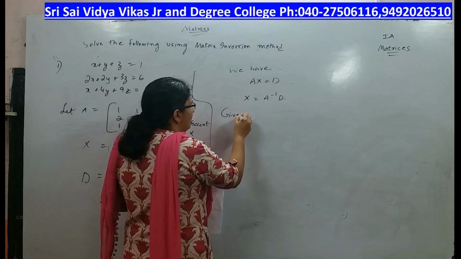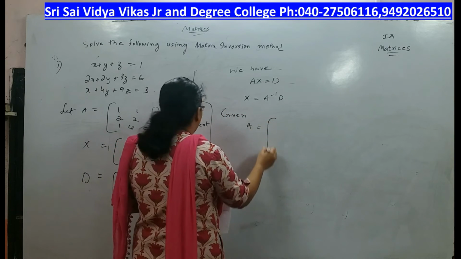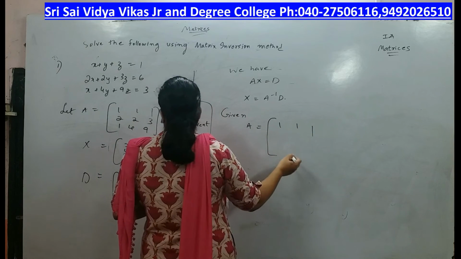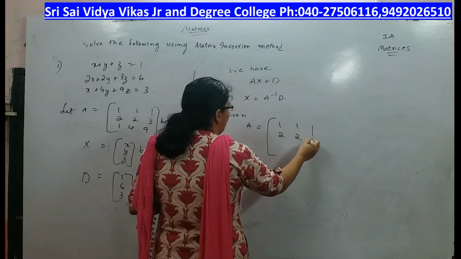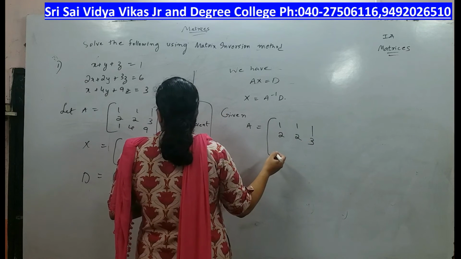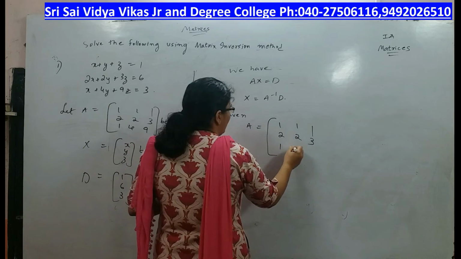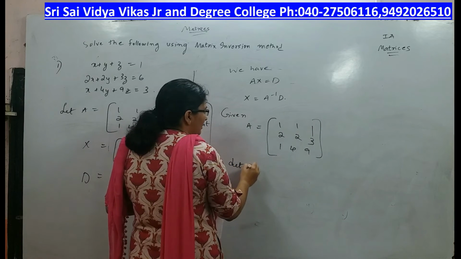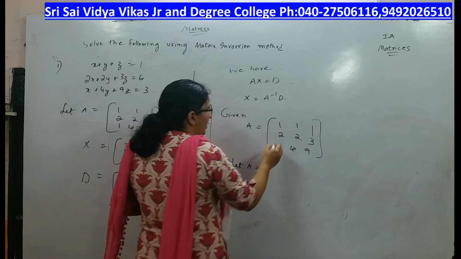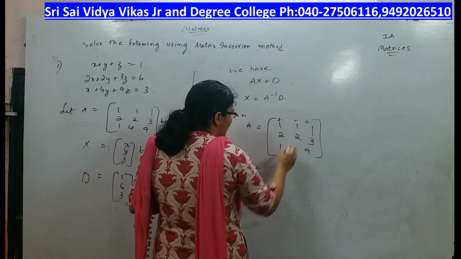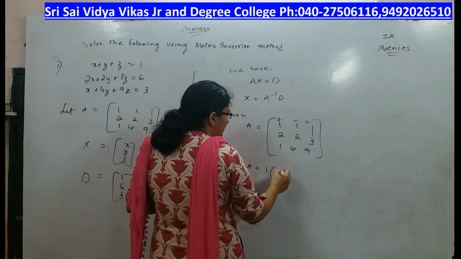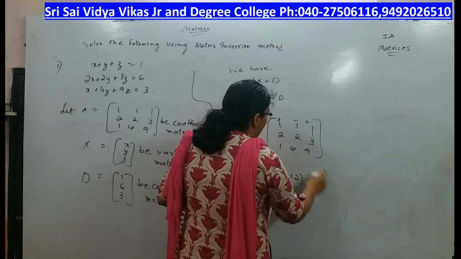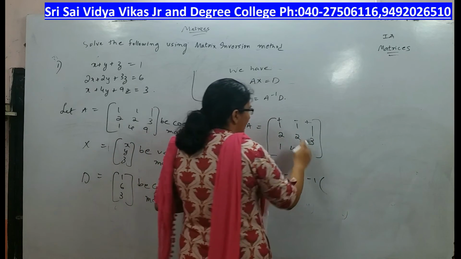Given A is equal to [1 1 1; 2 2 3; 1 4 9]. Determinant of A. How to find determinant of A? Plus minus plus. 1 into (2 9s are 18 minus 12) minus 1 into (18 minus 3) plus 1 into (8 minus 2).